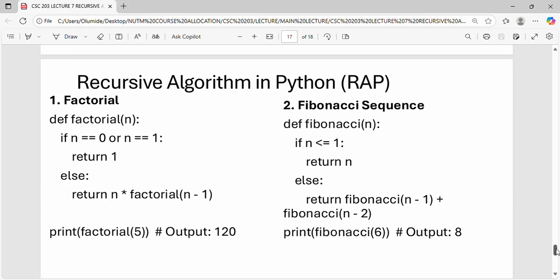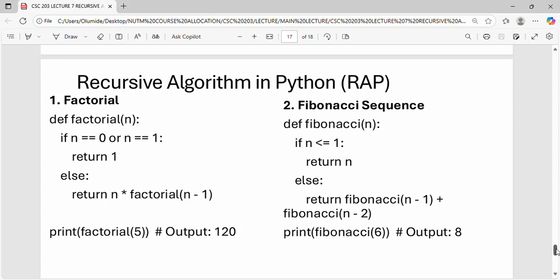Now let's go to the Fibonacci sequence. The Fibonacci sequence, we already defined it. Fibonacci n, colon. There we have, if n is less than or equal to 1, return n. Else, return Fibonacci n minus 1 plus Fibonacci n minus 2.